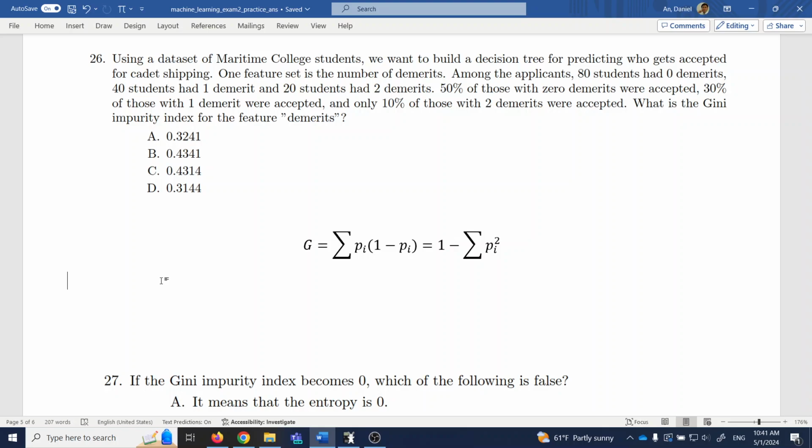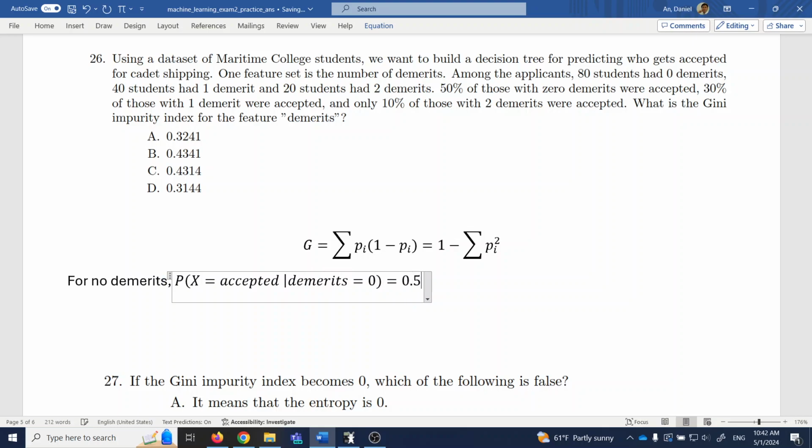For the set with no demerits, we have the probability of x equals yes, gets accepted for cadet shipping under demerits equal to 0, which would be 0.5 because 50% did get accepted.